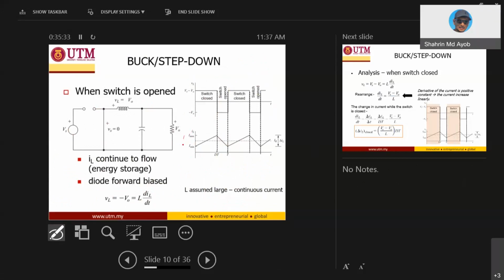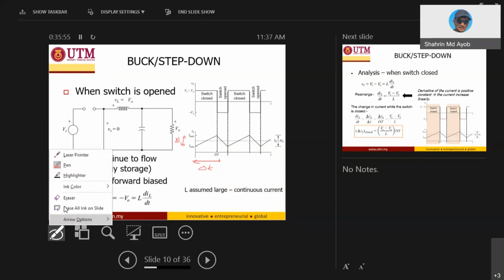So this one is your delta IL, the change of current from minimum to maximum. So that is your change. And this one is your dt, or delta T. So change of IL over change of time.